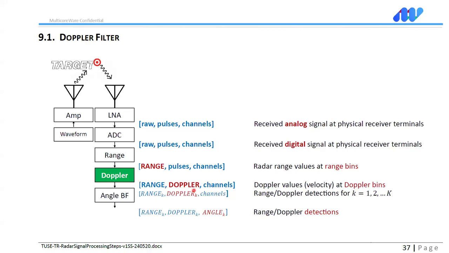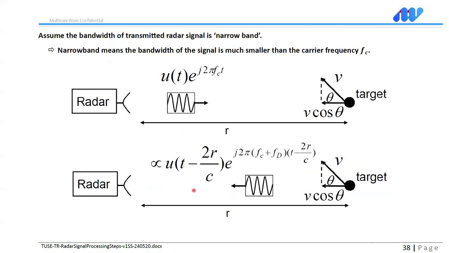And assume that the signal is narrowband, meaning it's almost like a pure sine wave, exponential. And it means the bandwidth of the signal is much smaller than the carrier frequency, FC. So the reflected signal is not the same sinusoidal sent from the transmitter.